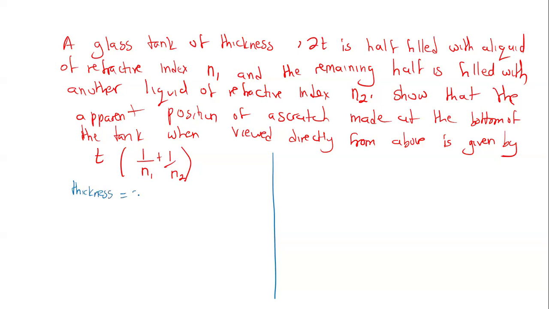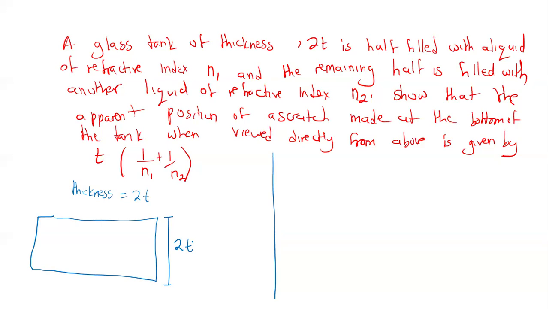Then the thickness of the first liquid is 2T over 2, which is T, and the thickness of the second liquid is also a half, which is T. Then from there, I said that the displacement for all is T into 1 minus 1 over N1 plus T into 1 minus 1 over N2.